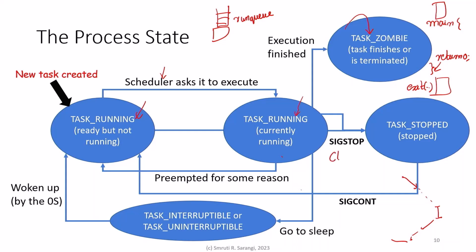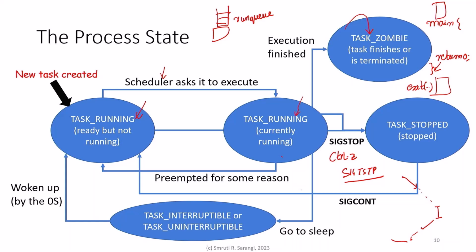Of course, you can type Control Z, which sends it a different signal, I think SIGTSTP. In this case, it does not have the same priority as SIGSTOP, but the process basically freezes then and there, and remains in the task stopped state.